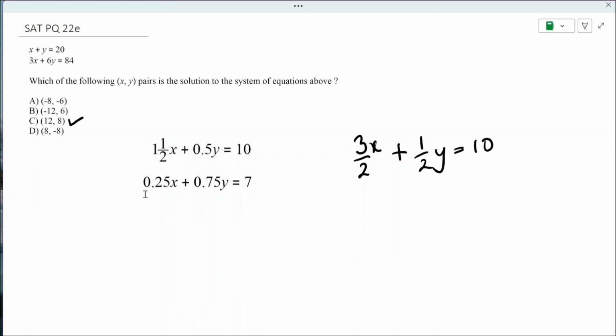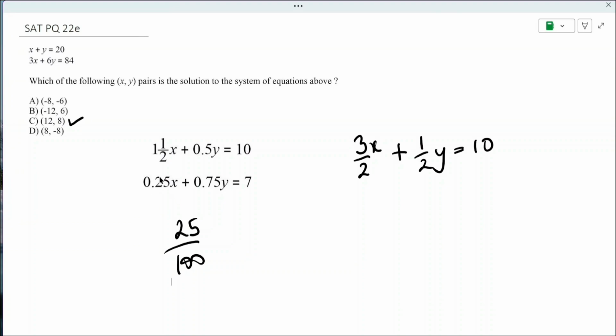For the second equation, we have 0.25x. We can convert this 0.25x to a fraction. That's the same thing as 25 over 100. That's just basic math, converting decimals to fractions. To make it 25 over 100, you move the decimal point from in between 0 and 2 to the back of 5.